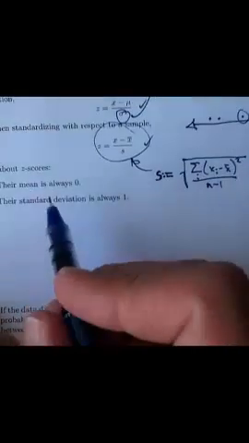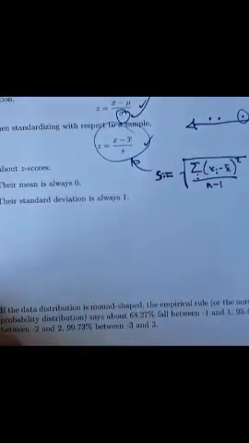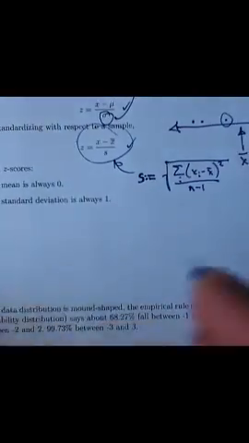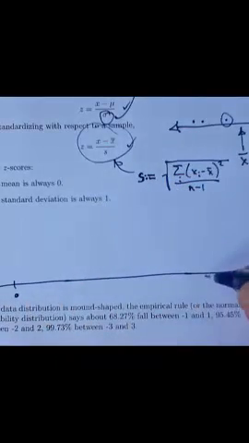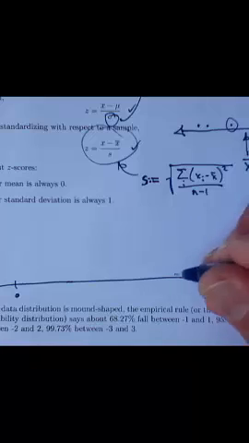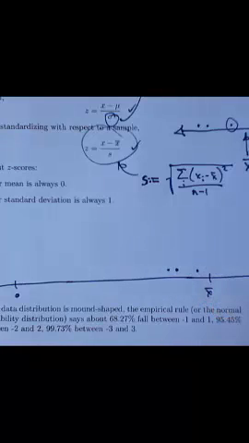Okay, so here are some facts about z-scores. It turns out the mean of the z-scores is always 0, and the standard deviation is always 1. Here's the idea. Okay, if here's 0 down here, and here's x bar up here, maybe I have a data set. Think of this stuff in terms of data.